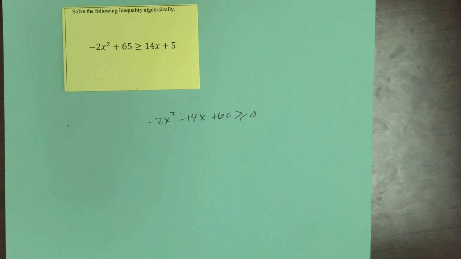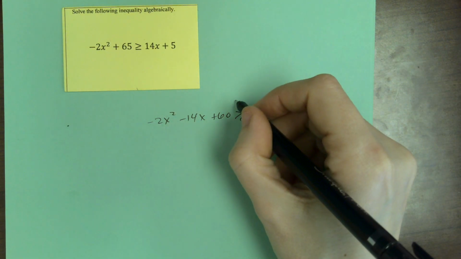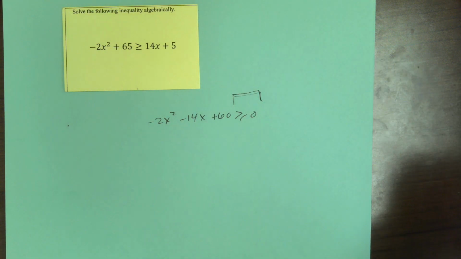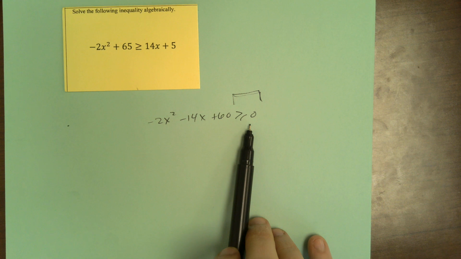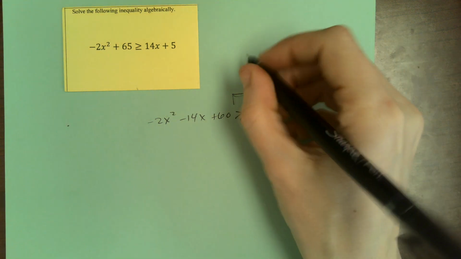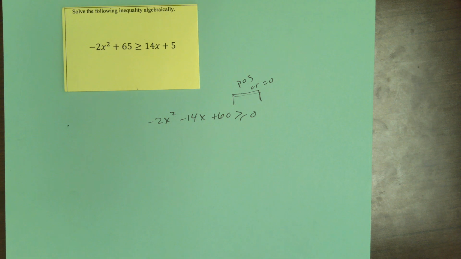Let me take note of this now: since we're looking for outcomes that make this quadratic greater than or equal to 0, we're looking for positive or equal to 0.